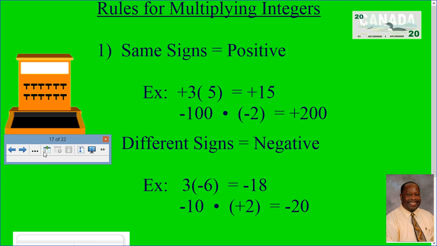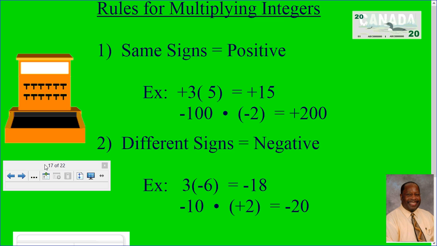Here are the rules for multiplying integers. 1. Same signs equal positive. So when you have two signs that are the same, they're going to give you a positive value. For example, positive 3 times 5. 3 is positive.